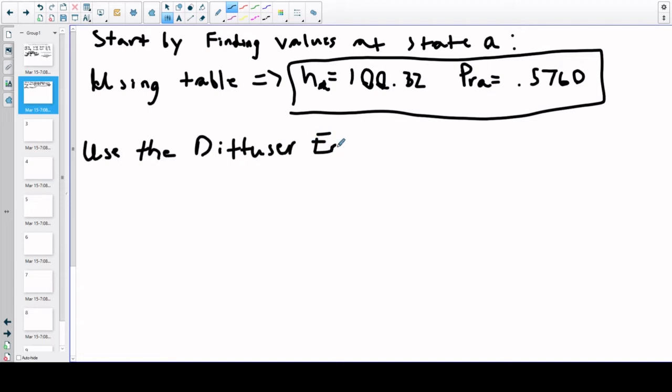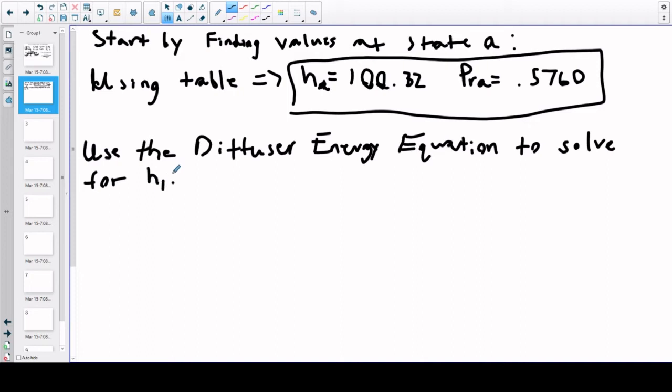So the diffuser energy equation, which we learned in Thermo 1 and haven't really talked about in Thermo 2 all that often, but we do have this equation that I'm about to write out. We are solving for H1 in this equation.